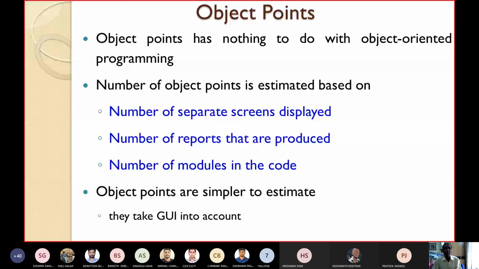So you have to develop a great GUI. Function points and feature points do not take GUI into account. But the object points take GUI into account while estimating the size.